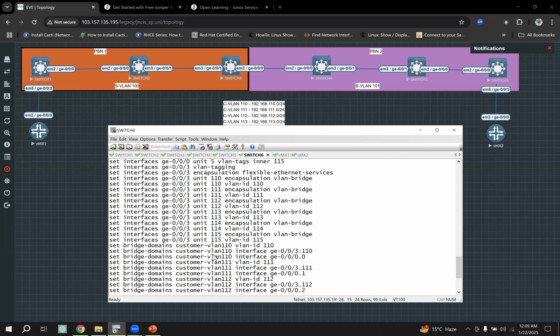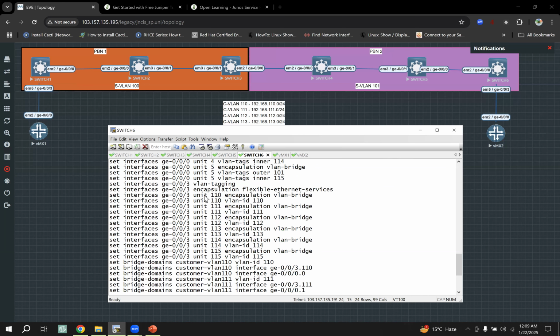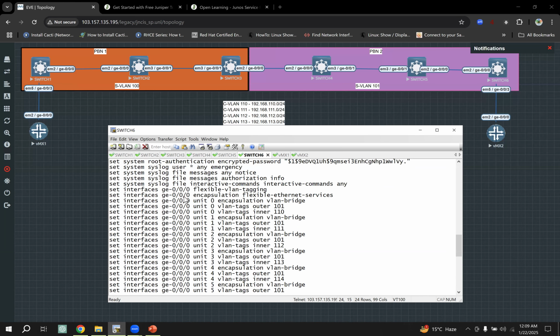Next step, create the logical interface 110 and the encapsulation is VLAN bridge. Also create the logical interface for Z0 by 0, and the VLAN ID is the inner VLAN 110 that will be mapped with 101, because PV2 uses VLAN 101 and this is the VLAN bridge.